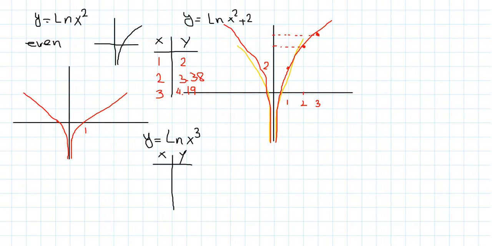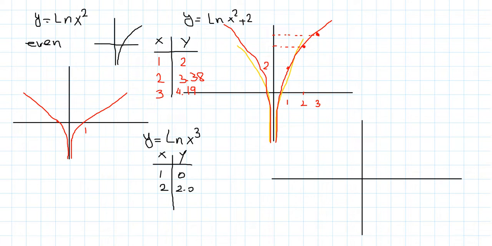I only need to draw ln x cubed, and it's like ln x. Now let's give some points. If x is 1, y is 0. If x is 2, y is 2.08. If x is 3, y is 3.3.